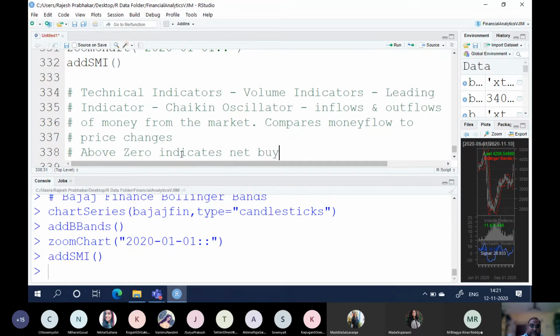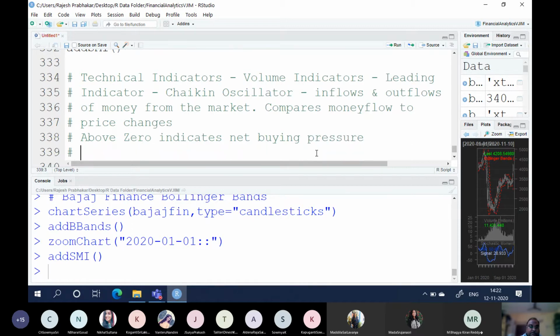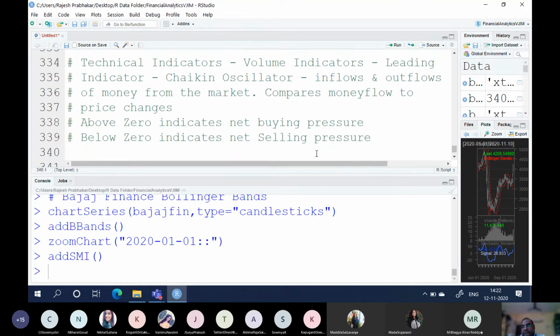That means too many buyers in the market and fewer sellers. Similarly, below 0 indicates net selling pressure. That means there are too many sellers in the market, fewer buyers.